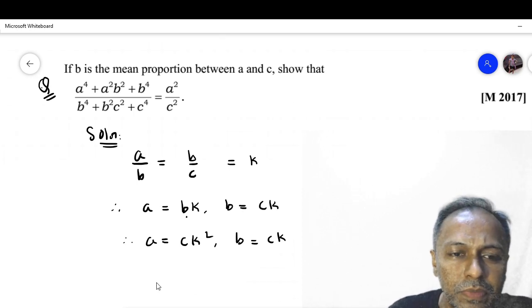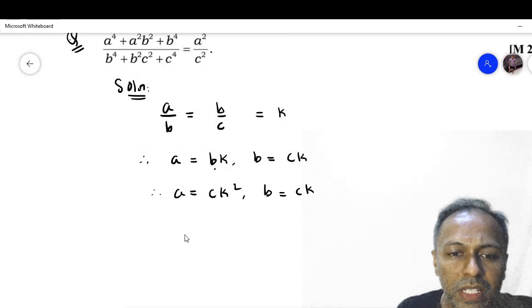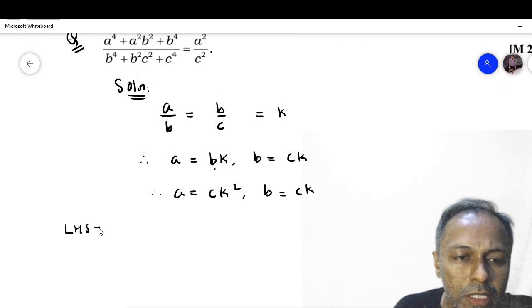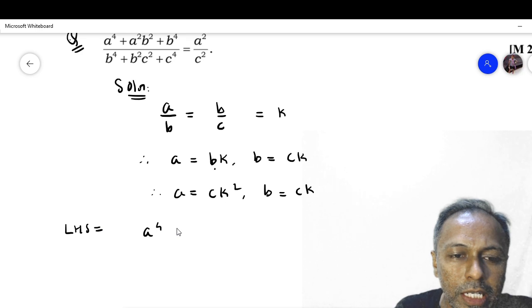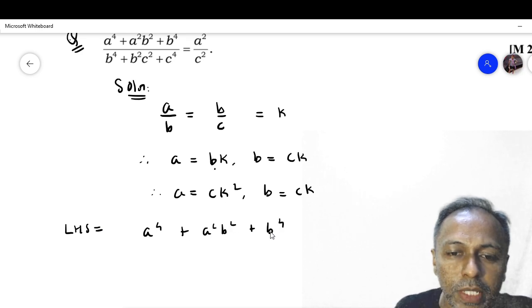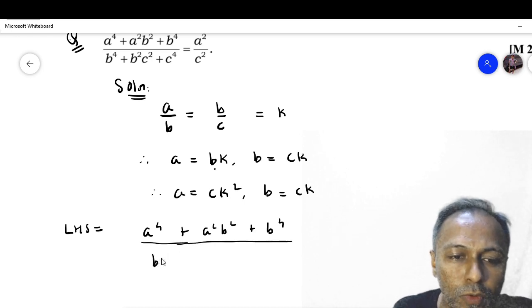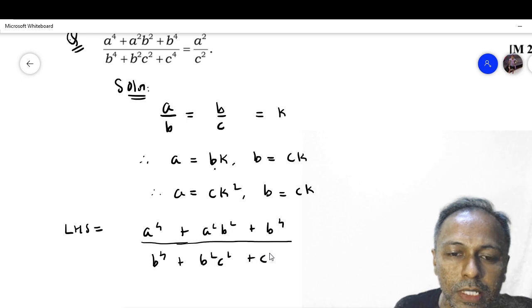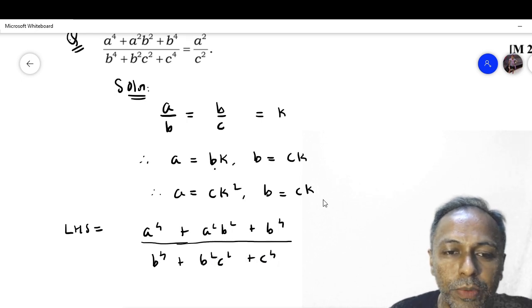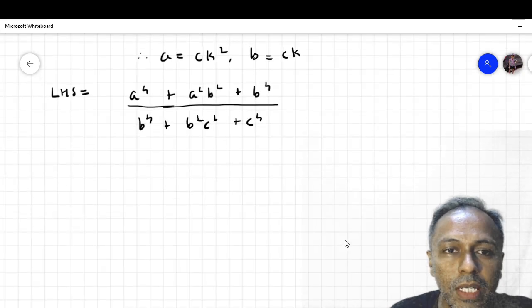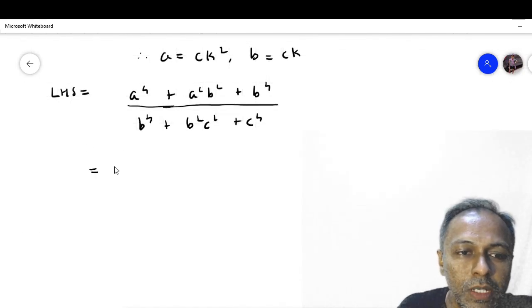Left hand side can become, let us copy the left hand side. It is equal to a raised to 4 plus a square b square plus b raised to 4 upon b raised to 4 plus b square c square plus c raised to 4. Let us substitute a as ck square.